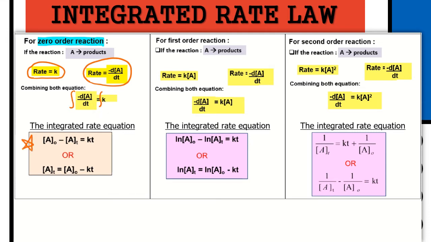So for integrated rate equation for zero order reaction, it will be concentration of A naught minus A_t equals kt, where A naught here means the initial concentration of A, and A_t here means concentration of A at a certain time.